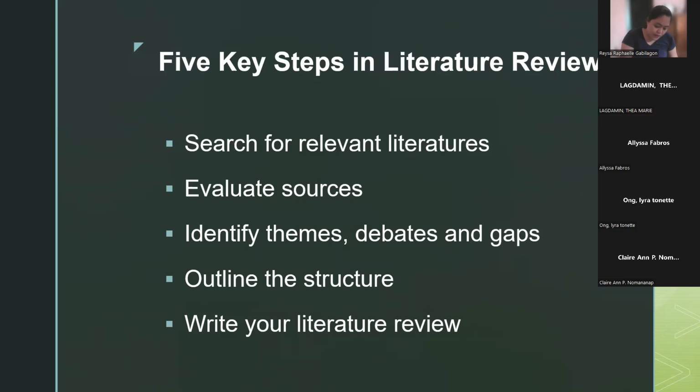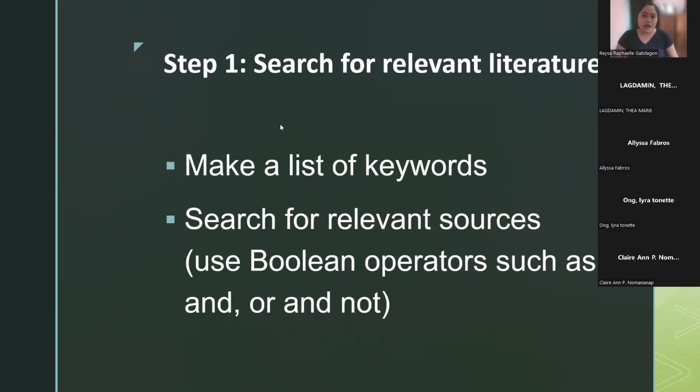Kailangan class, mag-evaluate ka talaga, especially for its credibility. And then, identification of themes, debates, and gaps. Pag na-identify na yan, magplano ka sa outline or structure ng iyong literature. And lastly, pag okay na lahat, that's the time you start writing your own RRL.